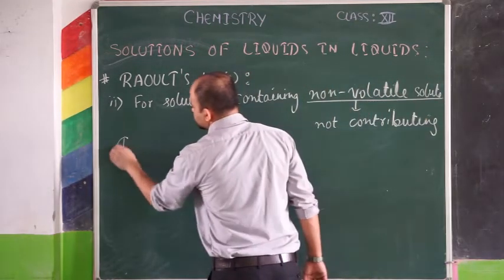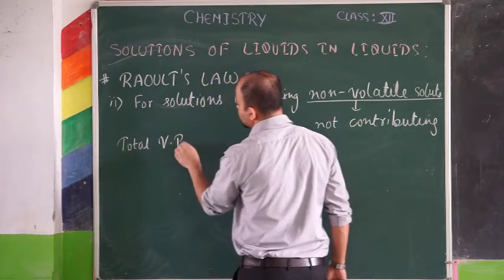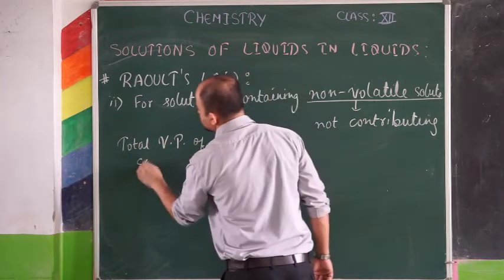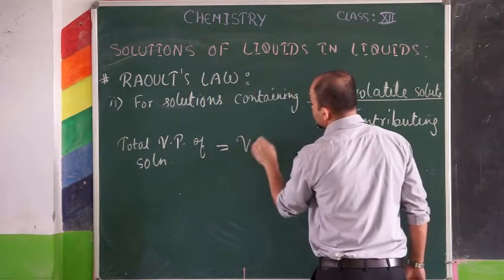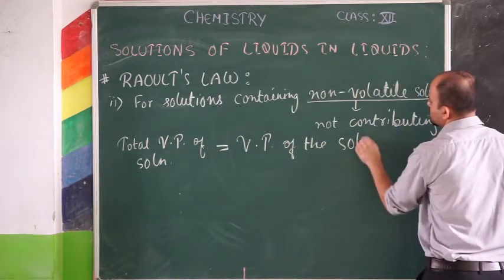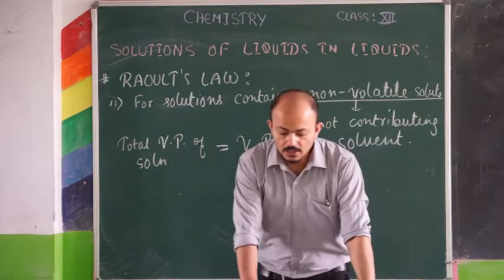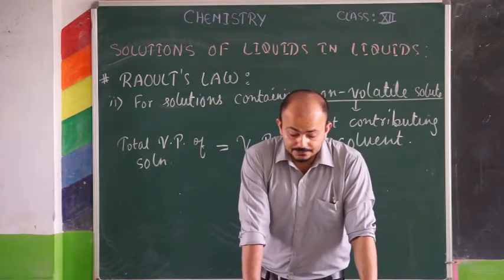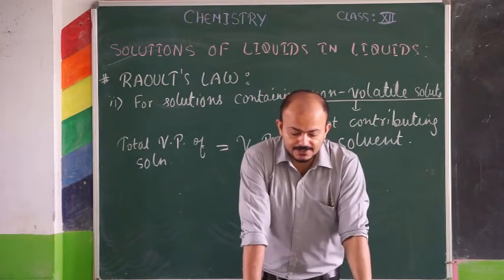So, the total vapor pressure, P, the vapor pressure of the solution, will be equal to the vapor pressure of the solvent. So, the solvent only is contributing to the total vapor pressure of the solution.